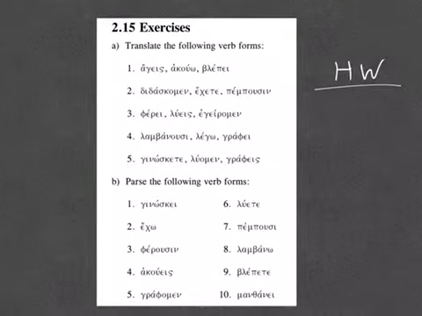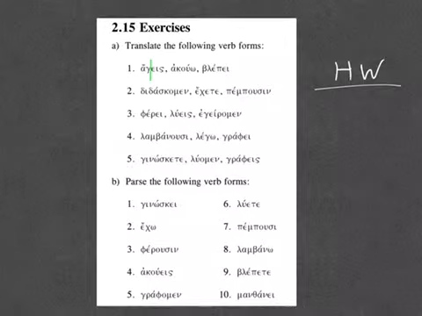As far as homework is concerned, actually, let's do number 1 on translate the following verbs, shall we? Agei comes from ago. If we were to break this up, we would put the dividing line for the morphemes right after the gamma.